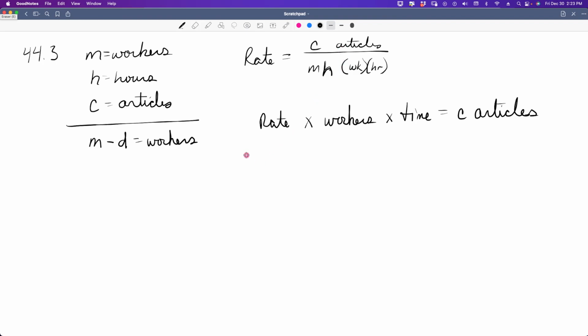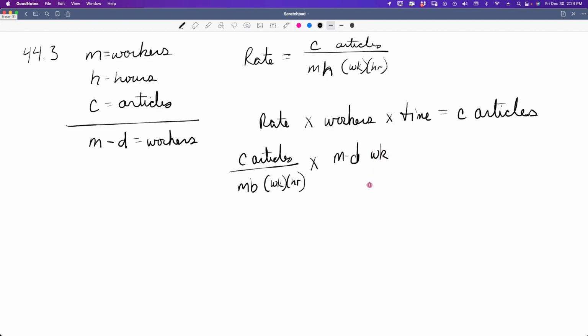C articles, or items, however you want to say that, over M times H, which is our worker hours, and you'll see why I put this in parentheses in a little bit, times the new quantity of workers, which is M minus D, in workers.